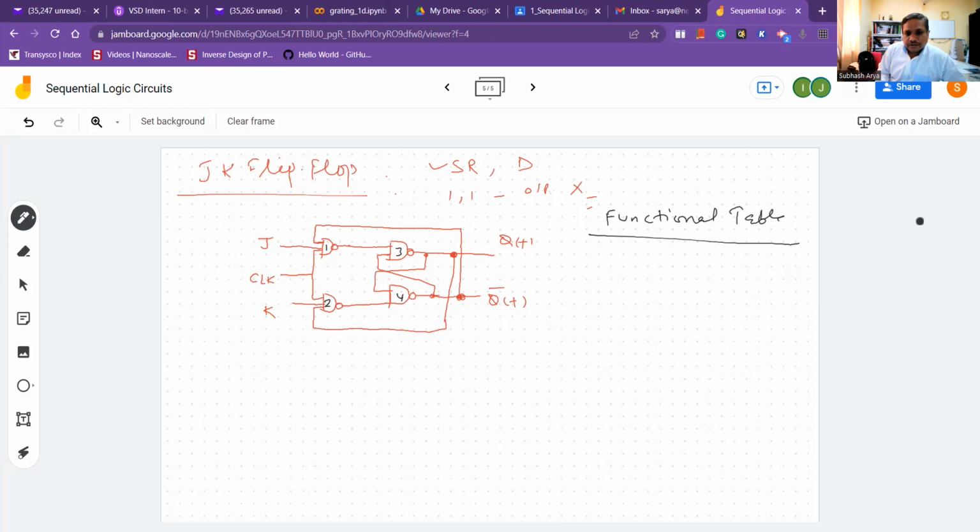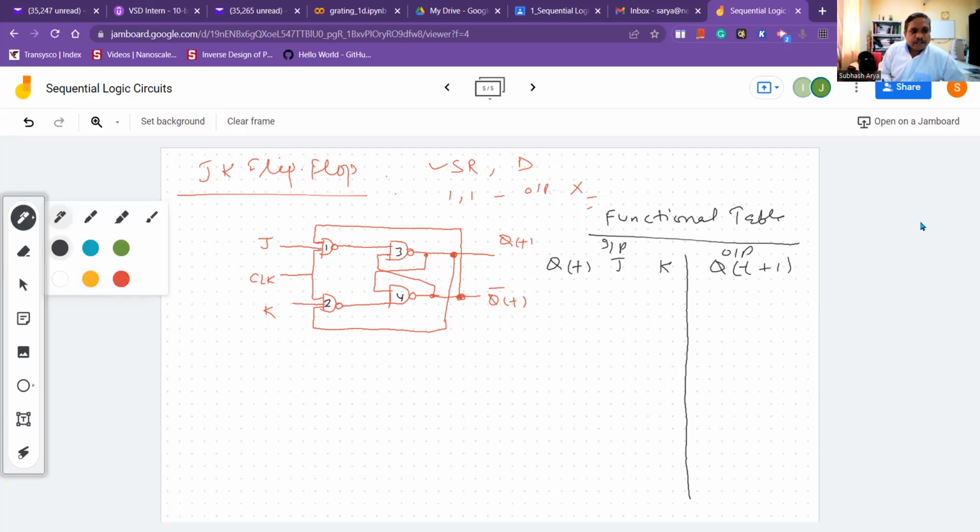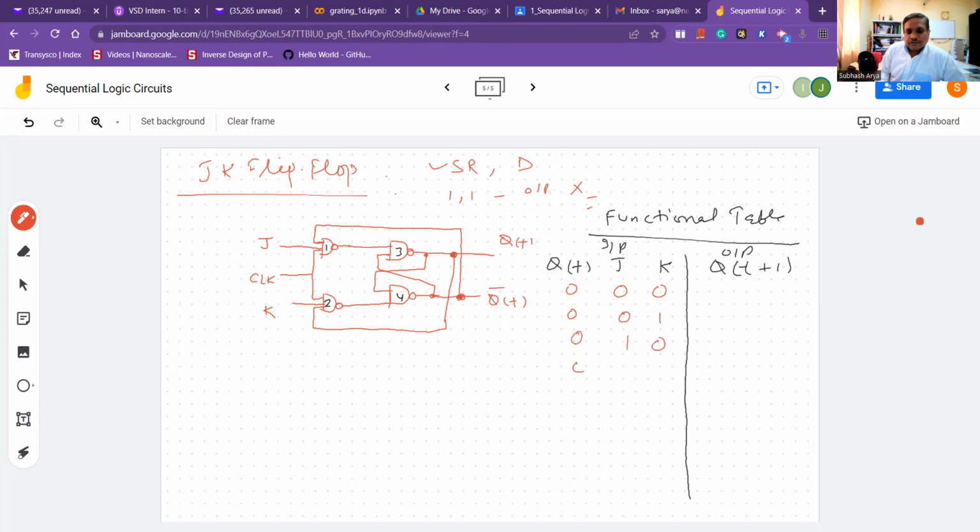The functional table has the previous output Q(t), then J, then K, and now we can write the next output, that is Q(t+1). Since it has a 3-bit input, we can write all possible combinations of a 3-bit number: 000, 001, 010, 011, 100, 101, 110, 111.